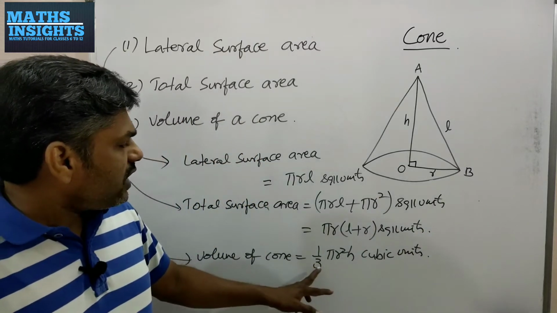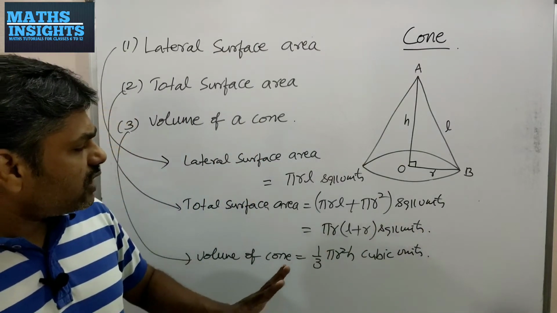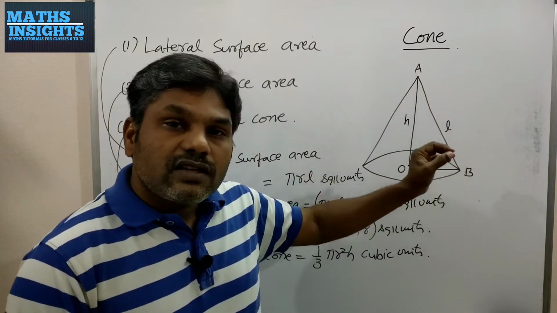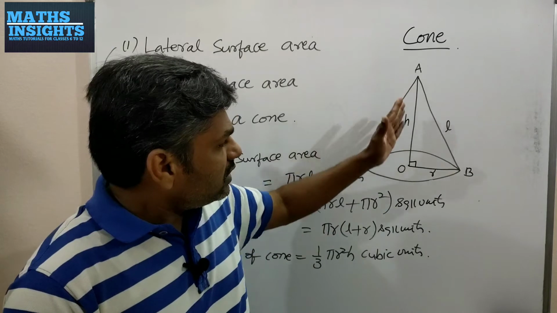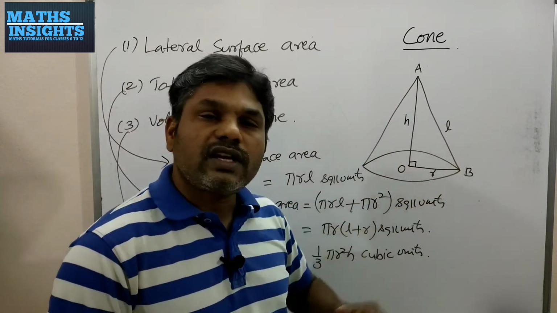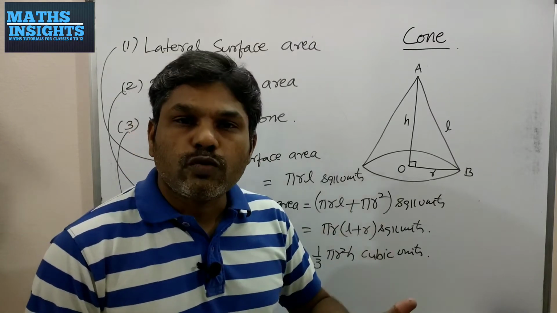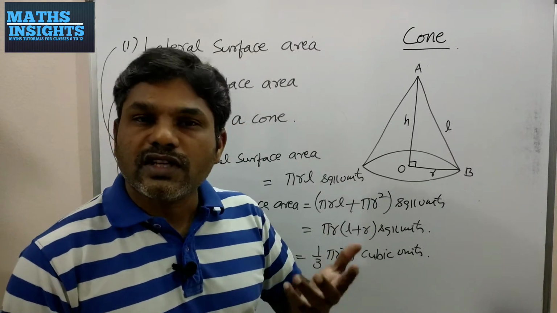In a similar way, volume is calculated as 1 by 3 pi r square h cubic units. It means if l is given in centimeters, and radius is also in centimeters, then it will become cubic centimeters.